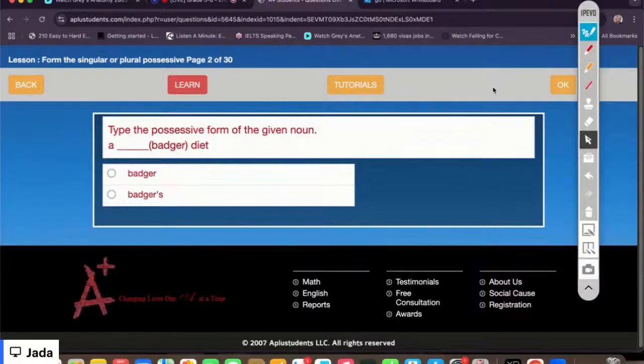So that's plural possessive. So the badger's diet, first or the second.